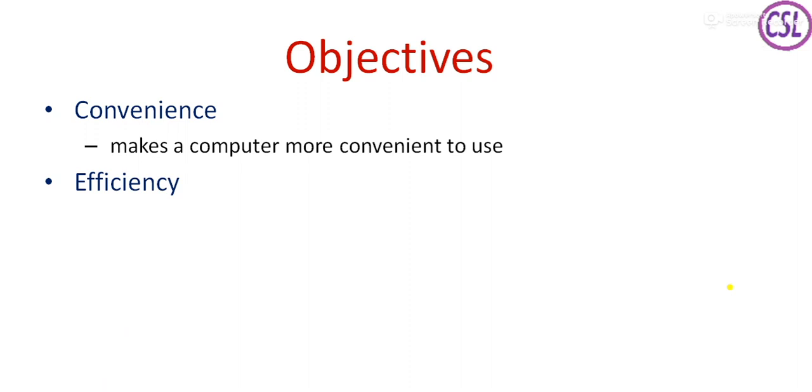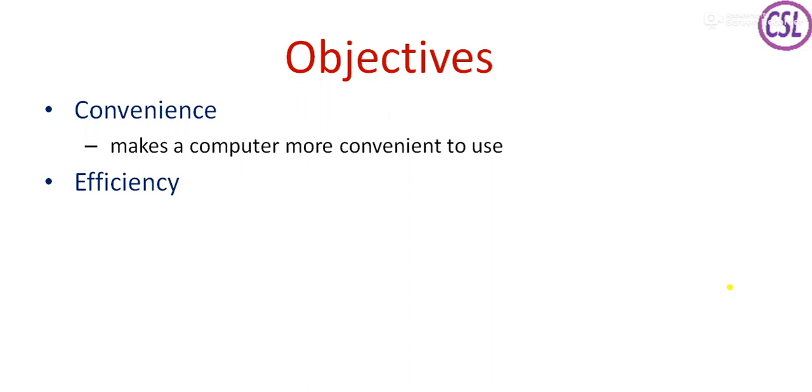And the second objective is efficiency. If any operating system does the given task within a short time, that means less time, and occupies less memory. Here the important resources for a computer are time and memory.